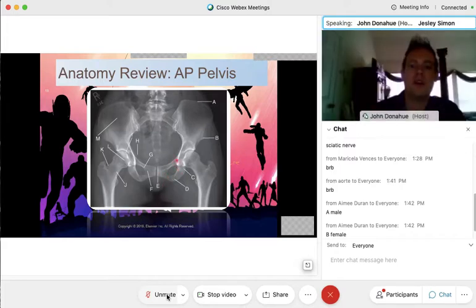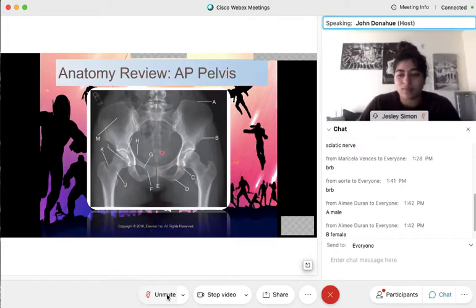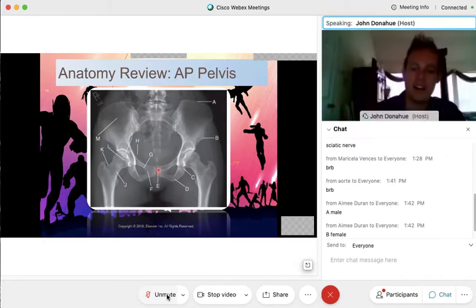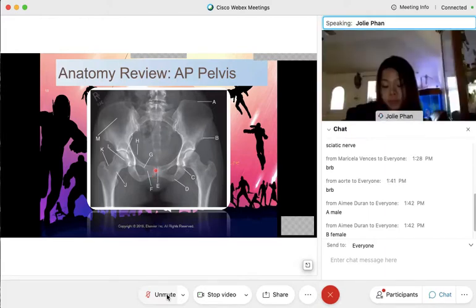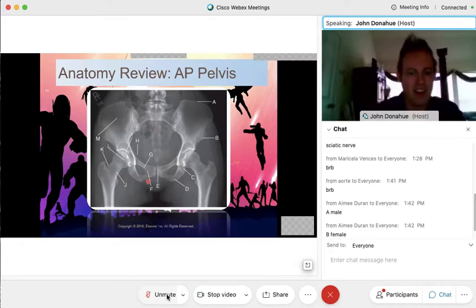Well, let's go to Jolie. Jolie, what is this area in the middle right here? What are we referring to? Symphysis pubis? Correct. The symphysis pubis or the pubic symphysis. Okay, and let's go to F. Jonathan, F should actually be, this arrow needs to be right here on this upper portion.